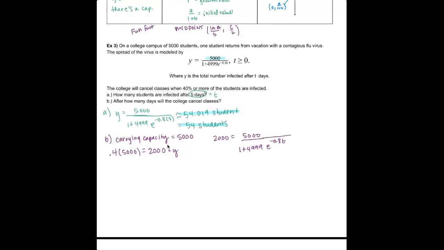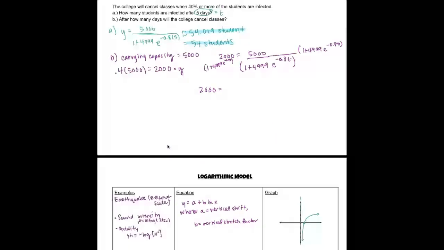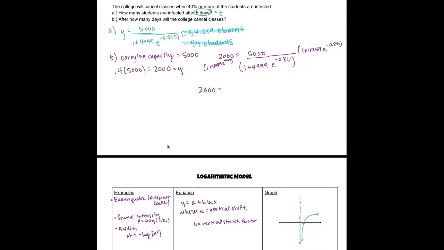All right, time to solve. I'm going to multiply both sides by the denominator. So I get 2,000 times 1 plus 4,999 e to the negative 0.8t is equal to 5,000.